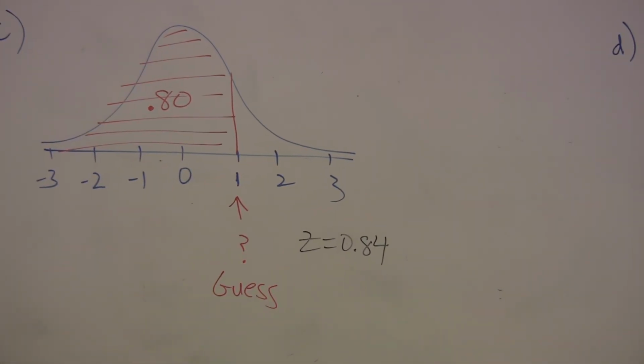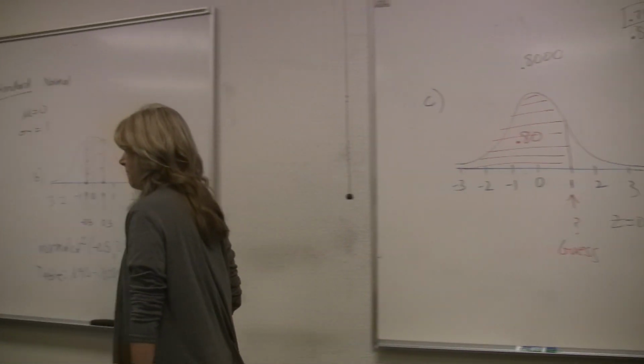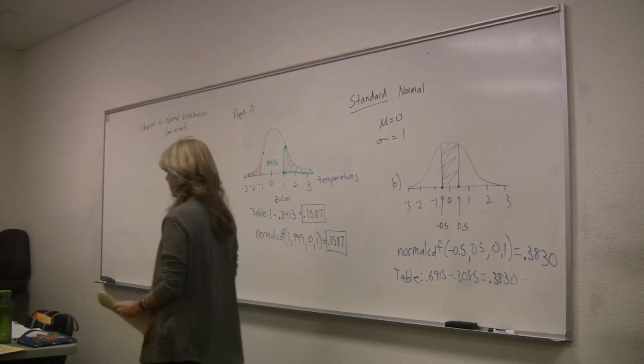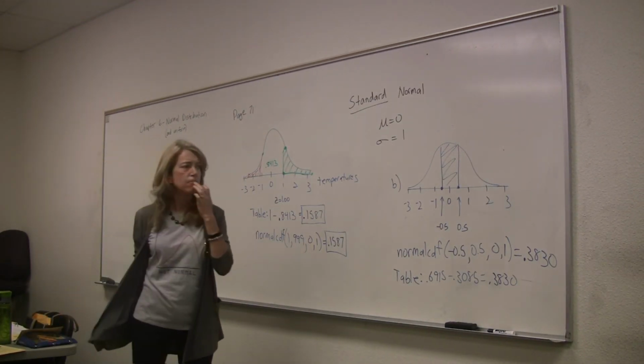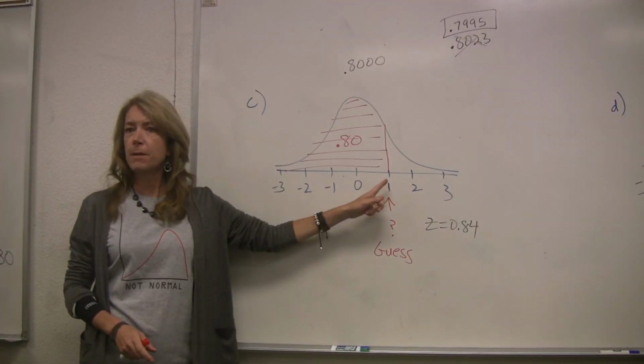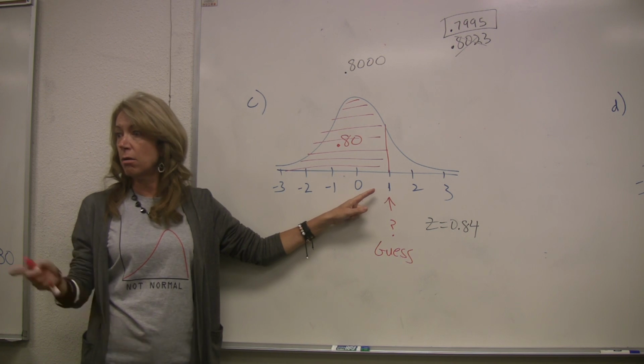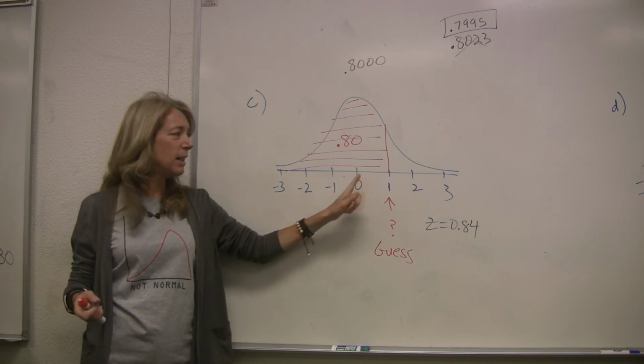What's that tell you about my picture? Is my picture right? Is this picture correct? No. Is this the number that cuts off 80%? 1? No. Where should it be? A little bit over here.